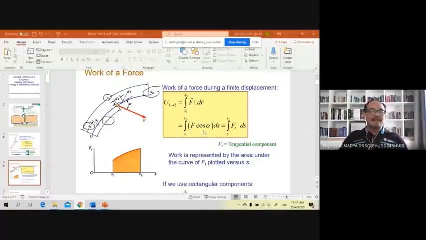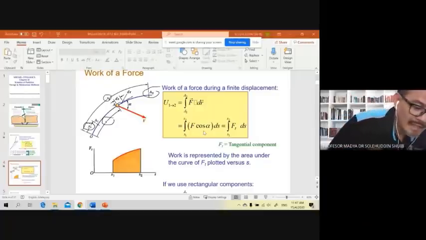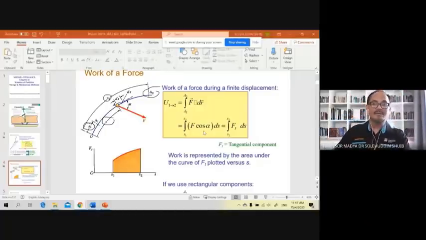So we want to use this formula. So work done, kerja yang dibuat, from 1 to 2. Okay, work done from 1 to 2 is the integration of F dot dr, and you integrate from here A1 to A2. Okay, that's what you did.